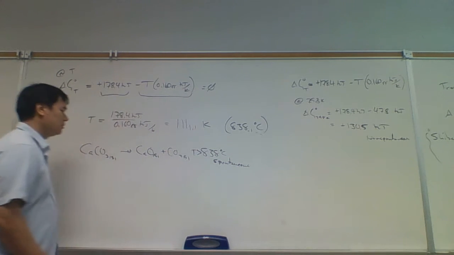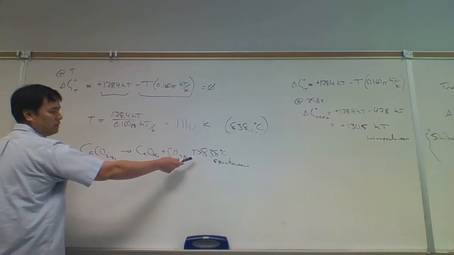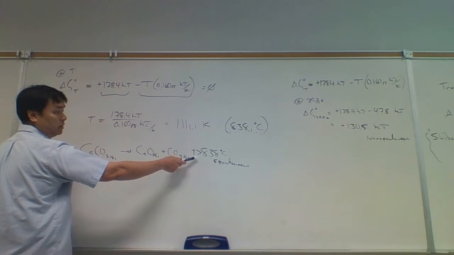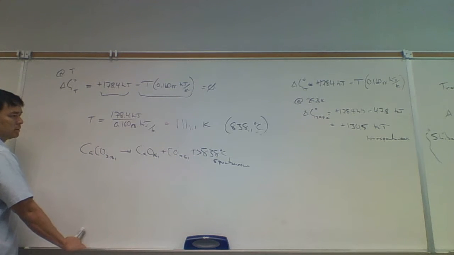I saw a TV show on this on the Discovery Channel. They were talking about ancient Rome and how the ancient Romans had a pretty steady food supply, so they could do some chemistry experiments. One of the chemistry reactions that they did was this one. They had some ancient kilns in which they could get the temperature pretty hot with coals to 838, so they needed decent coals to get to that temperature.